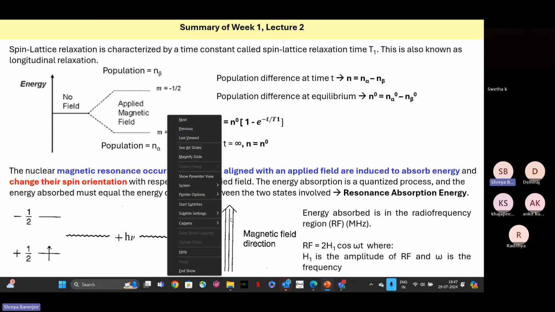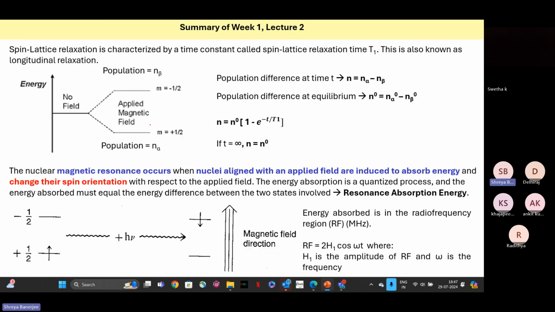Suppose we have two energy levels, alpha the lower level and beta the upper level. We are calling the populations n alpha and n beta. The population difference at time t, if we represent that as n, is n alpha minus n beta.